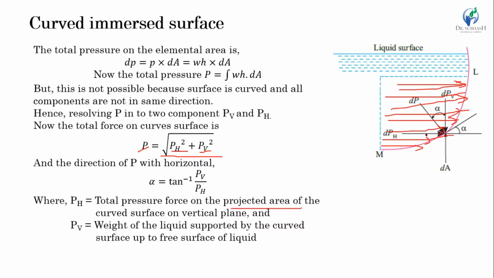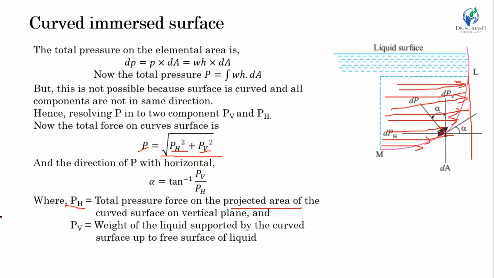So for calculation, you can consider the surface like this and calculate the total pressure force acting on the vertical surface. By this way, you can calculate the value of PH by considering the projection of this curved surface onto the vertical plane. So this is the PH value.